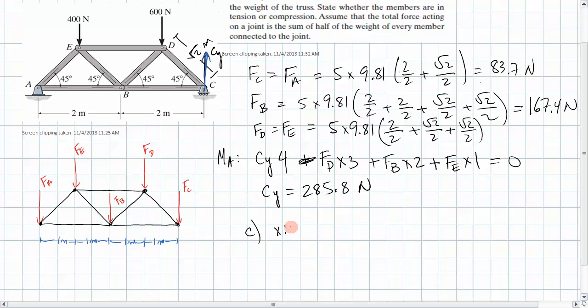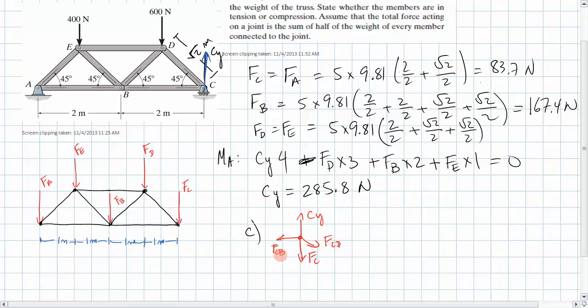Well, let's draw the free body diagram first. Always have to draw free body diagrams. So we get FC, then we get FCD, then we get the normal force Cy, and then we get FCV, right?